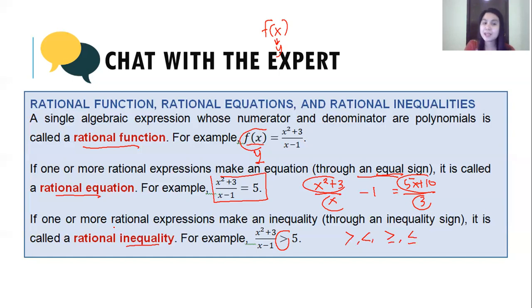If it's a rational expression with an inequality sign, then we call it a rational inequality. But if some of the terms are not polynomial expressions, then it's none of the three that you have mentioned.